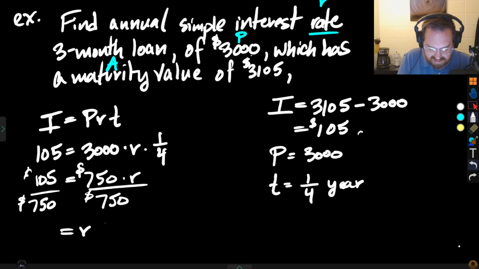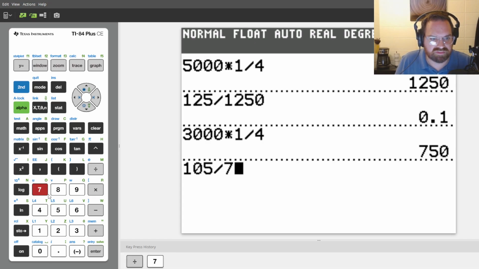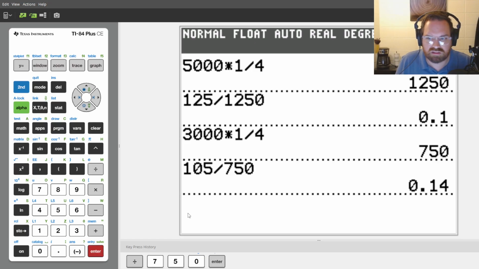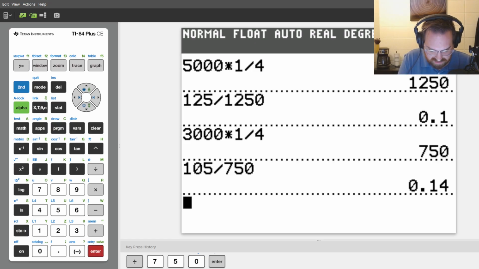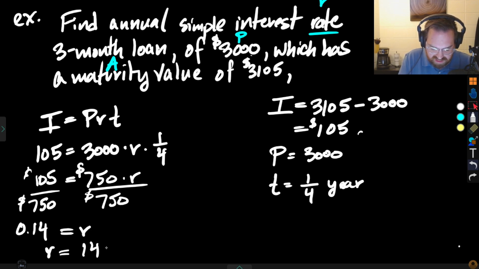And what I'm going to get, left-hand side, 105 divided by 750, 0.14. So R is equal to a 14% interest rate.